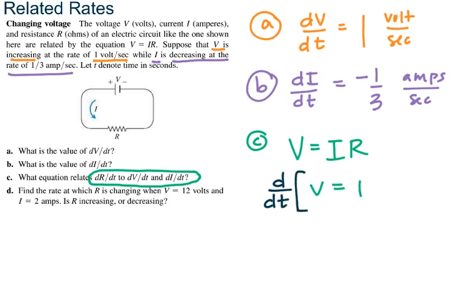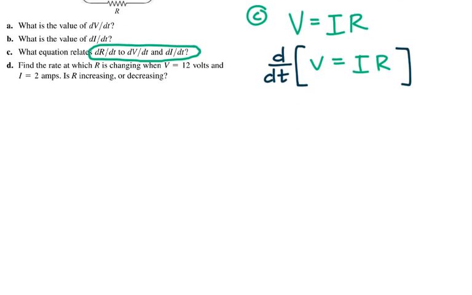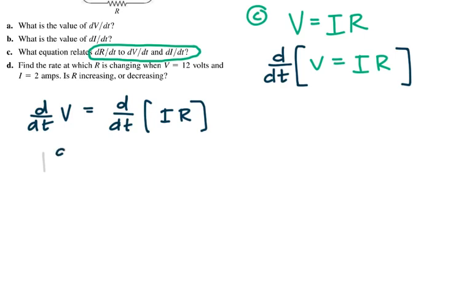So for part C, I've got d/dt of V equals d/dt of IR. The derivative of V with respect to t, that's just going to become a constant 1, the coefficient there. I don't really need to write the 1, but since I differentiated V with respect to t, I'm going to write dV/dt.